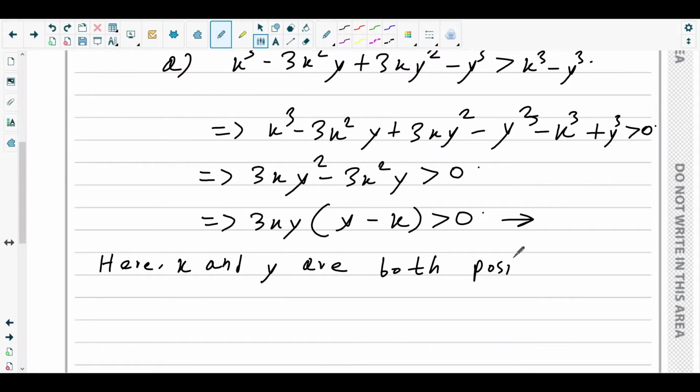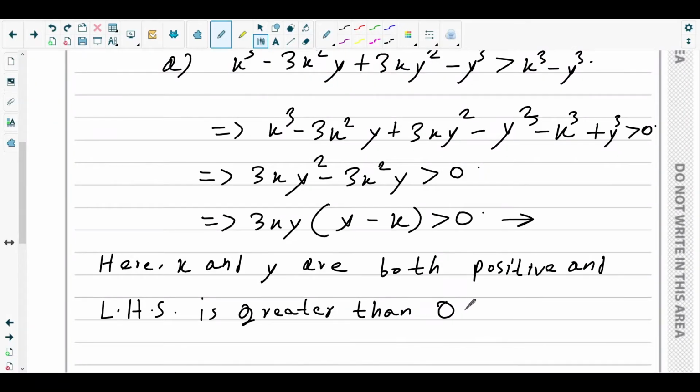Both positive, and the left hand side is greater than 0. That is positive. Greater than 0 means positive.